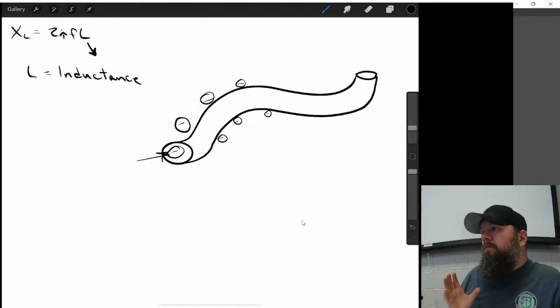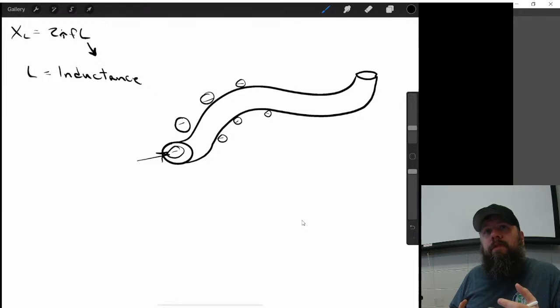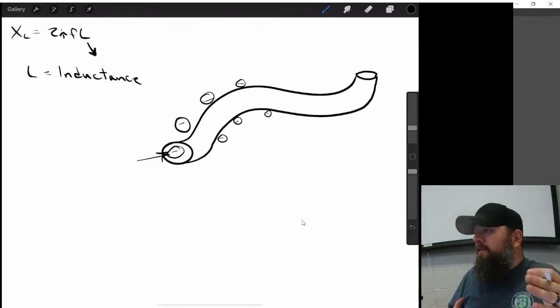So some of the energy that we impart onto a conductor gets converted into magnetism. So we're storing energy through magnetism. Okay?